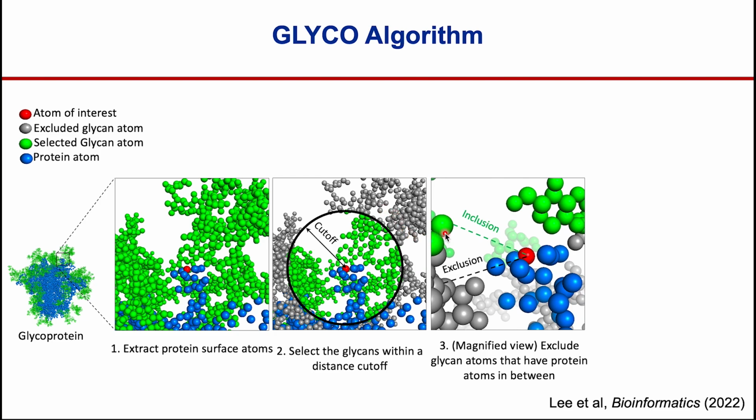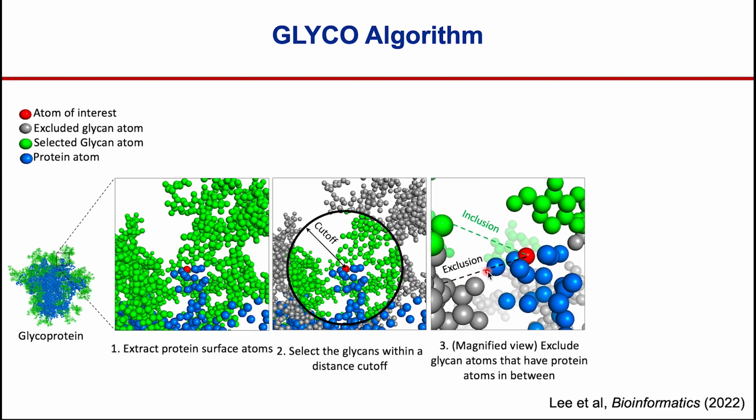Then the GLYCO program generates a vector from each protein surface residue to each of the glycan atoms and checks if this glycan atom is actually giving a shielding effect to the surface atom. It generates a vector between the surface protein atom and the glycan atom, and then checks if any of the protein coordinates is along the line of the vector.